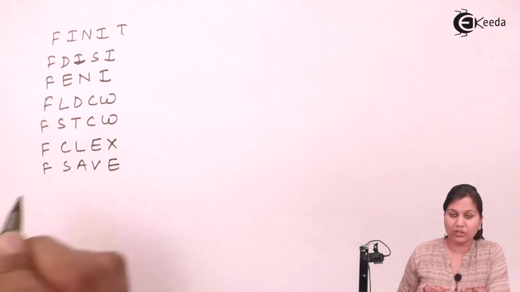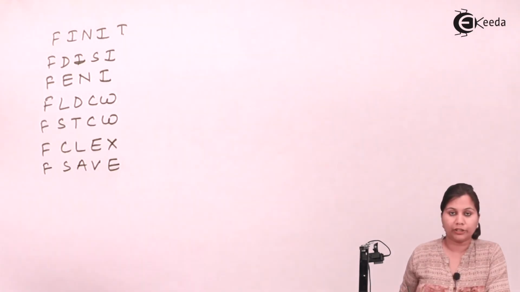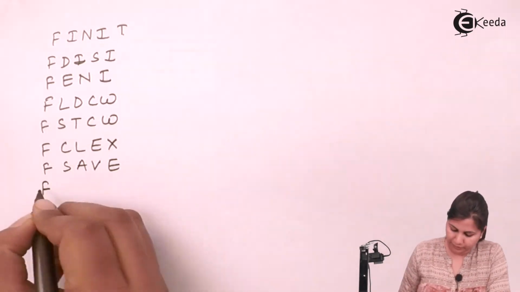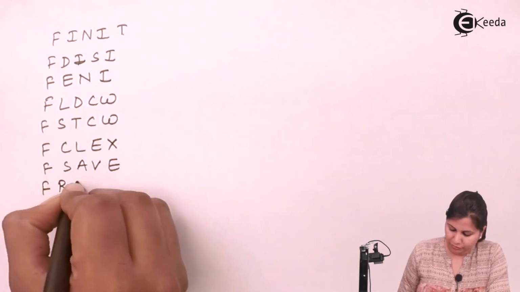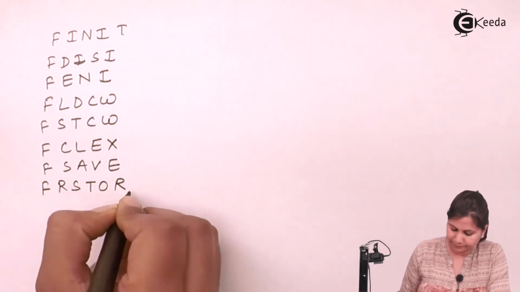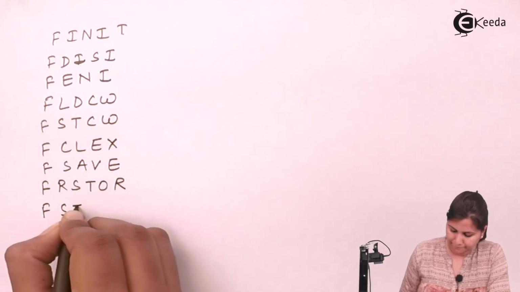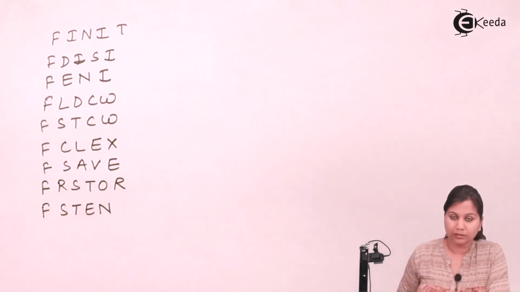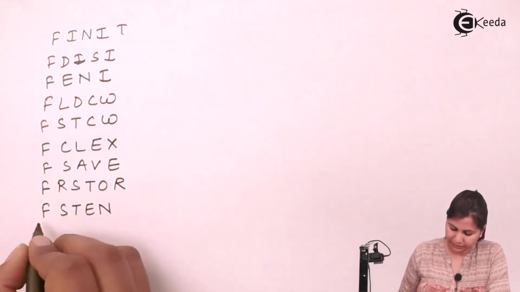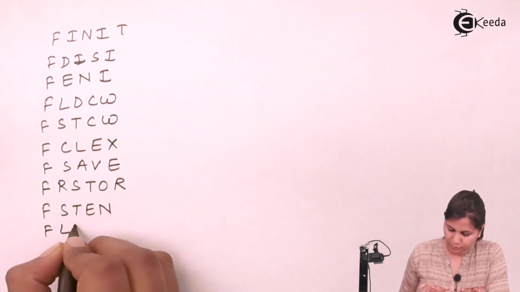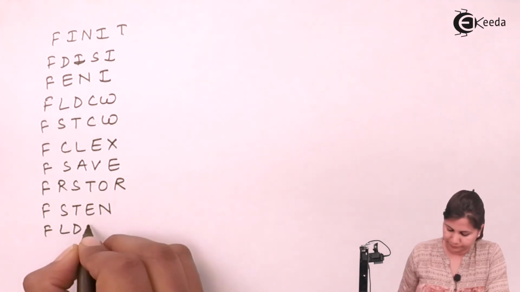saving the control words and the status word into the 94-byte area of the memory, then restoring all that data, then again storing the data and loading the data.